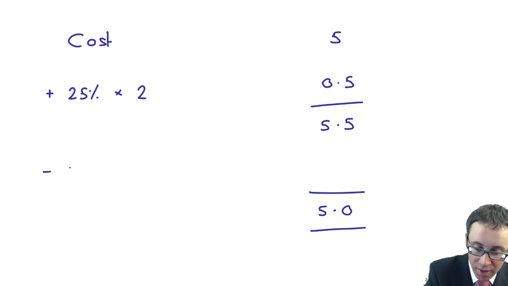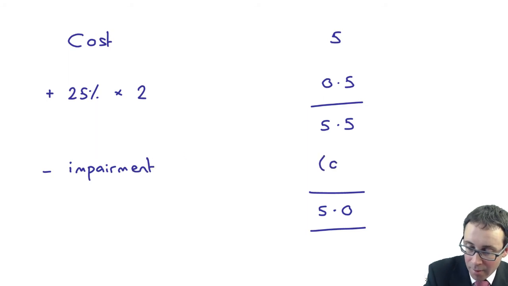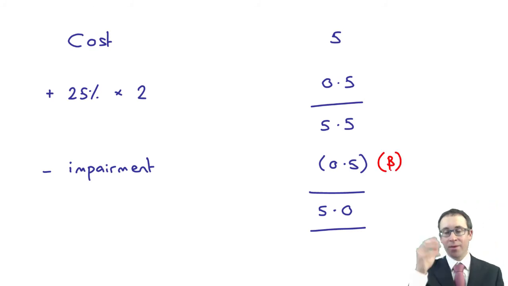So what you've got there is that there is an impairment, isn't there? And that impairment is the 0.5 million, if you like. It's a balancing figure between the carrying value and the recoverable amount. As the carrying value of 5.5 is greater than that recoverable amount of 5, the associate is impaired, and it is impaired to the amount of 0.5 million.